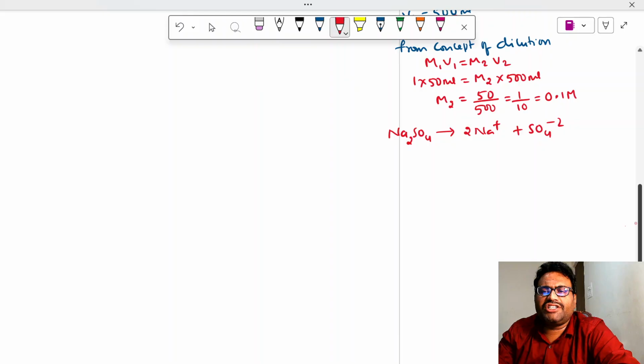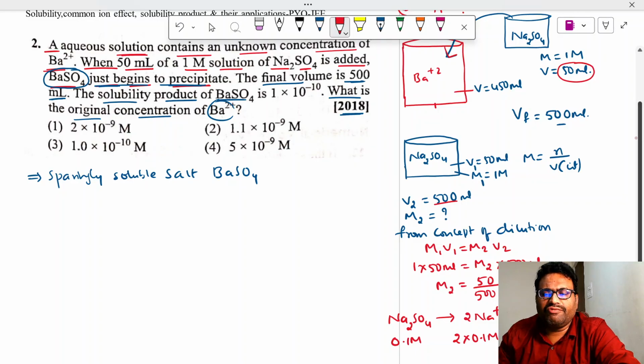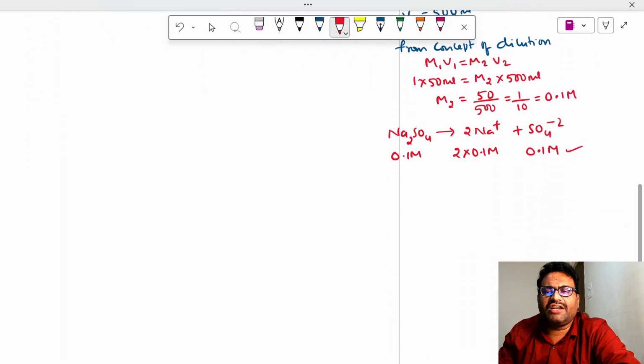Now the concentration after mixing is 0.1 molar. So this will give you 2 into 0.1 molar sodium ion concentration and 0.1 molar sulfate ion concentration. Now we know the sulfate ion concentration is 0.1 molar.